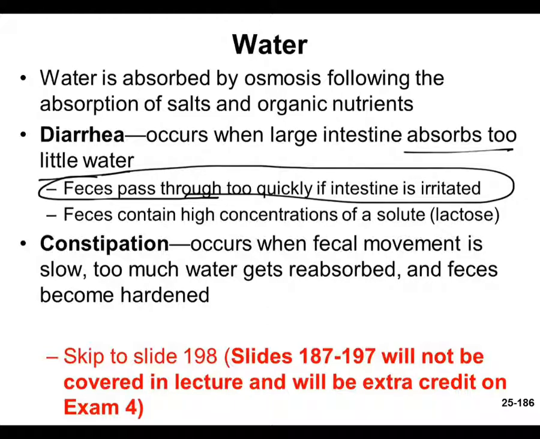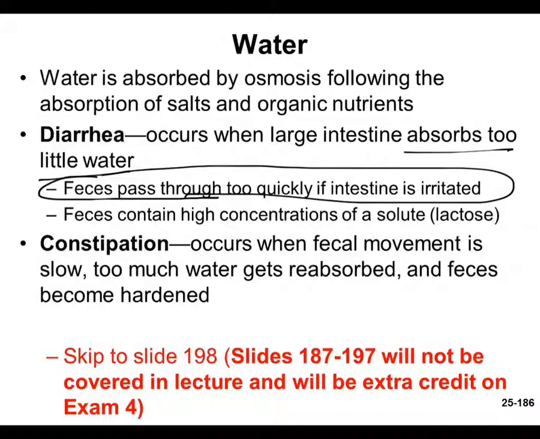So if the feces stay too, quote, wet, right? The feces stay too wet, then you can have diarrhea. And constipation would be the opposite, where now there's too much water getting reabsorbed, the feces become too hard, and they don't pass through the GI tract very well at all.